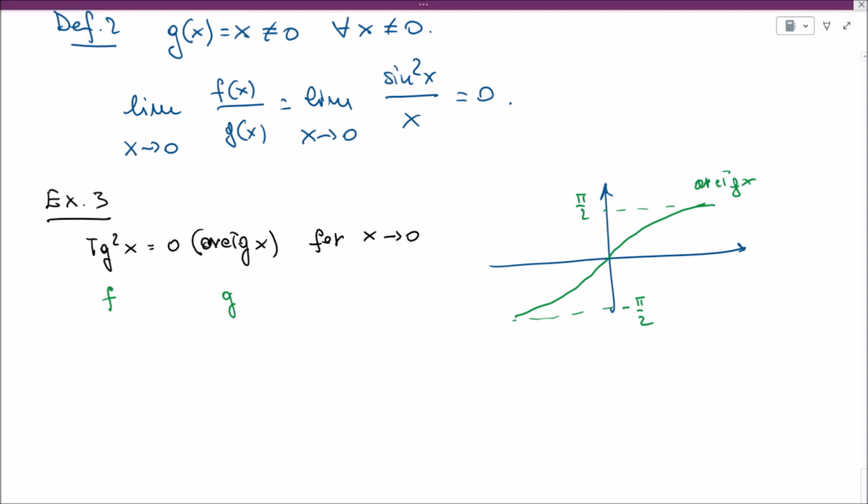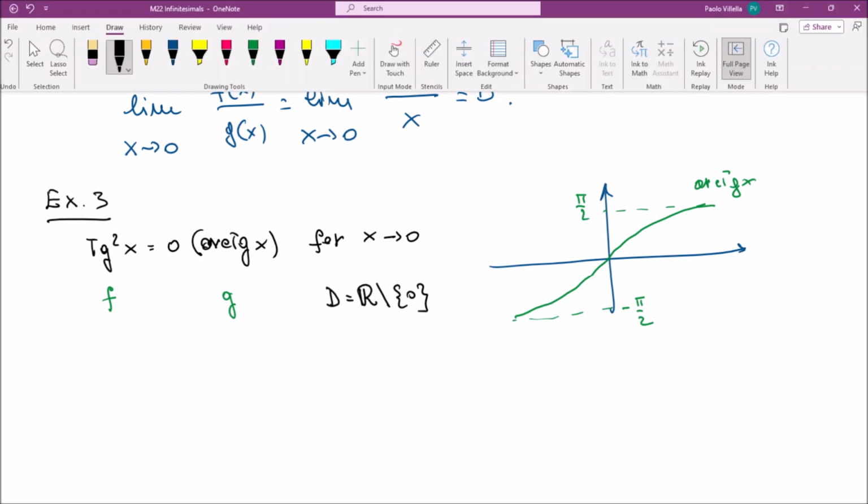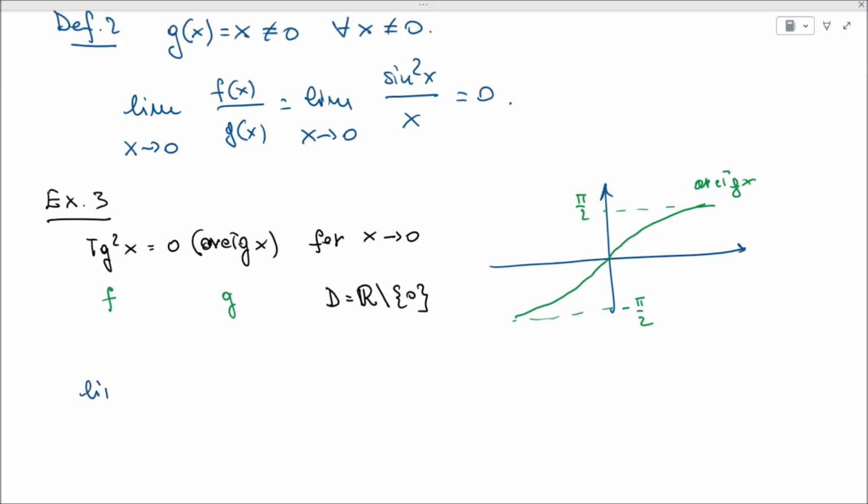So if we define D as the real line except the origin, we can then certainly apply the second definition. So the only thing that we need to check at this point is that the limit as x goes to 0 of tangent square of x divided by arc tangent of x is equal to 0.